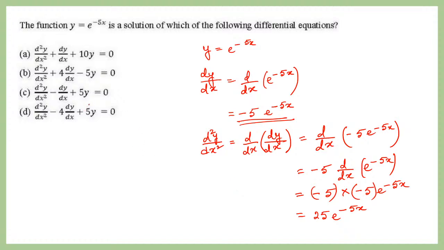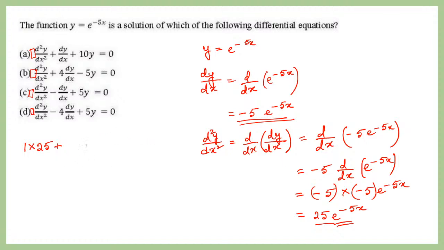or we can say that the coefficient of d2y/dx2 is 1 each time, right? So we can write it as 1 into 25, the coefficient of e to the power minus 5x is always 25, right? So 1 into 25 plus, or minus, let us just take plus.